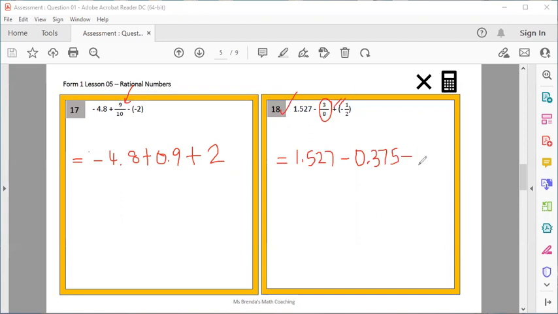Now, what is half? I hope you know, half is so easy. It's 0.5. Now, press your calculator fresh again and figure out what's this answer. That's it. This is how you do it if you have got fractions coming in as well. Change that fraction to a decimal. Easier to work. Do you understand?